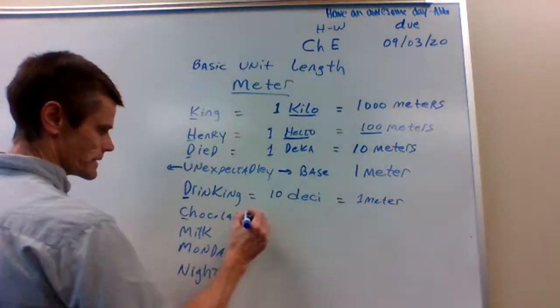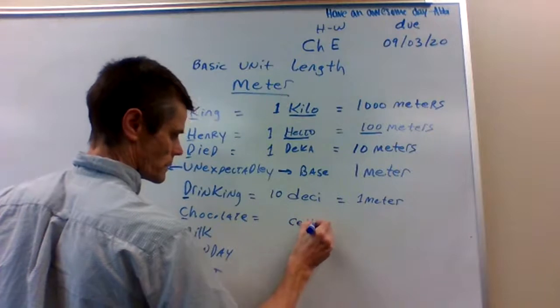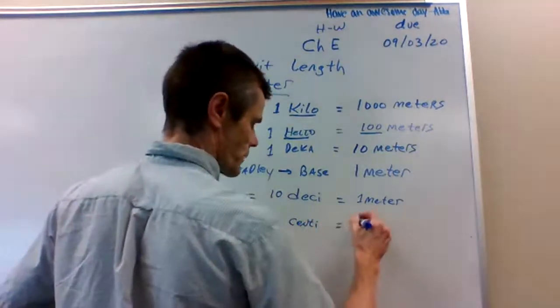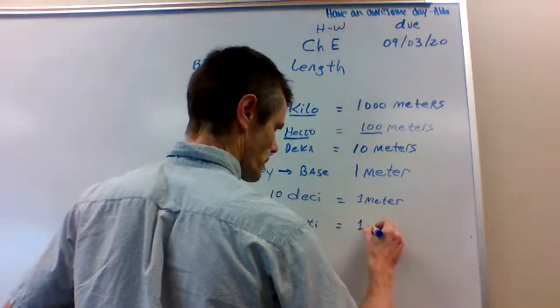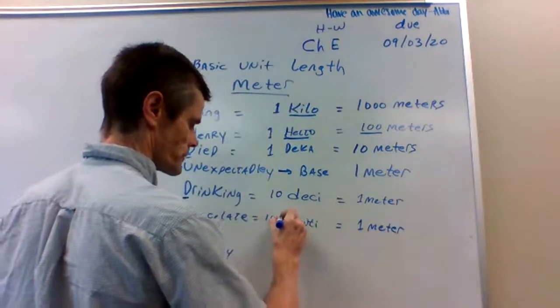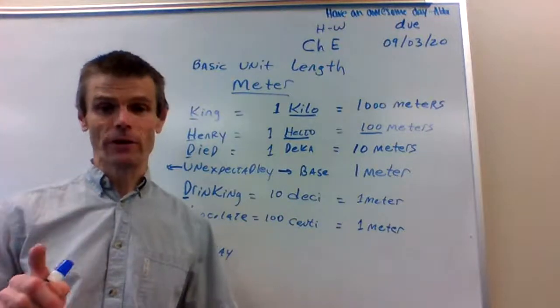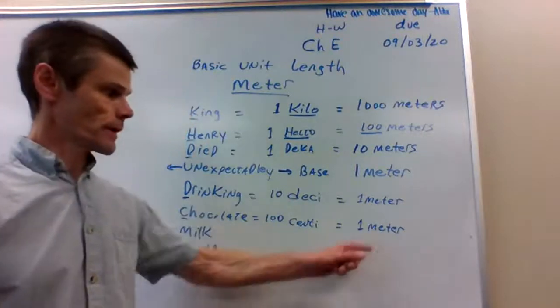Chocolate is centi. So let's see, 1 meter has 100 centimeters in it. Or you could also say 1 centimeter is 1/100th of a meter.